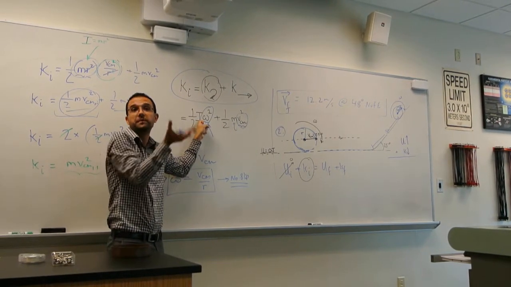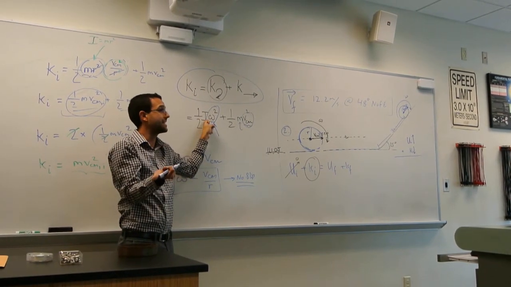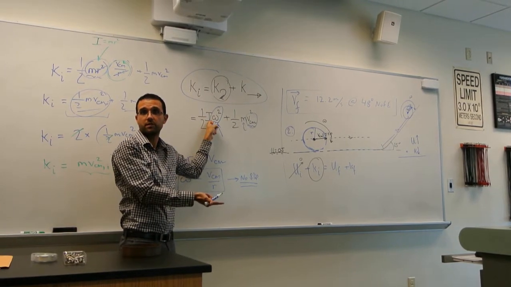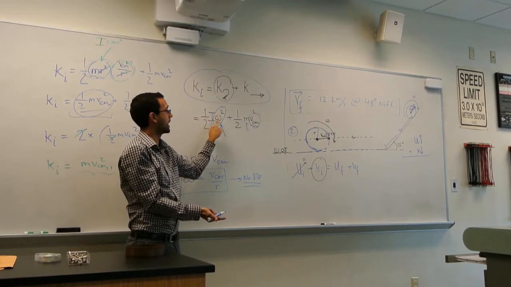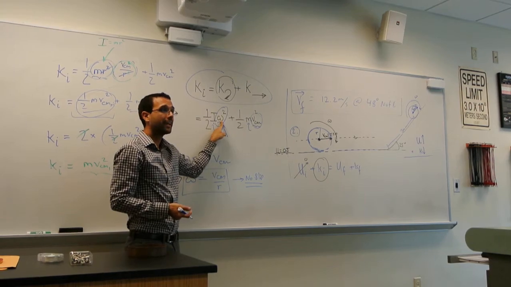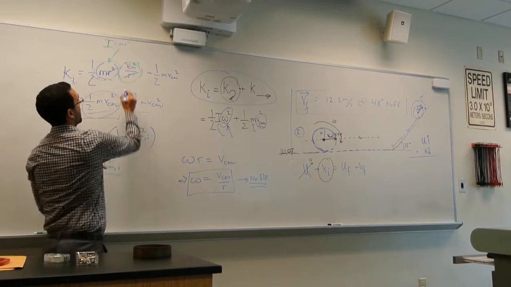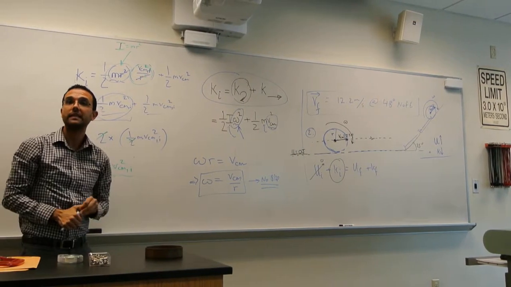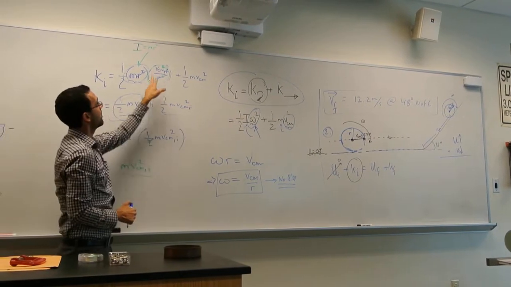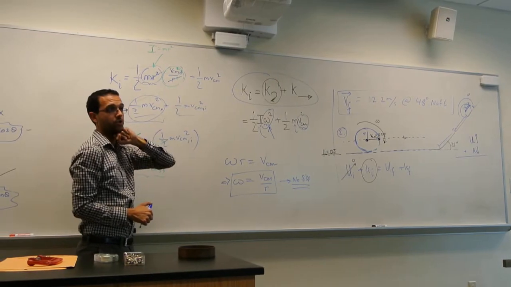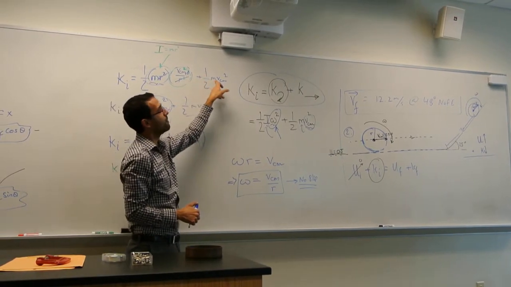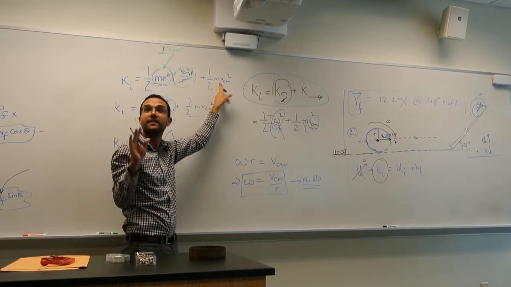The inertia of a hoop is still mr squared. The mass hasn't changed. The radius hasn't changed. Does everybody agree? So inertia hasn't changed. Omega is still V over R. But this time V final, that's the only thing that changes there, right? So you would have VCM final squared over R squared, plus 1/2 mass.